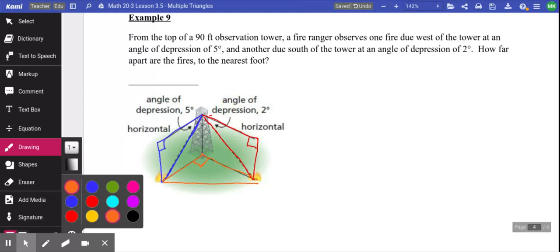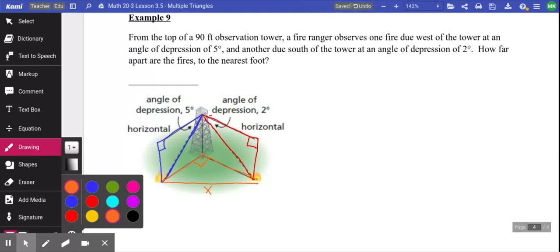So I've got triangle in the air, triangle in the air, triangle on the ground. My job is to try to figure out the distance between the two fires, which would be x. This distance right here.